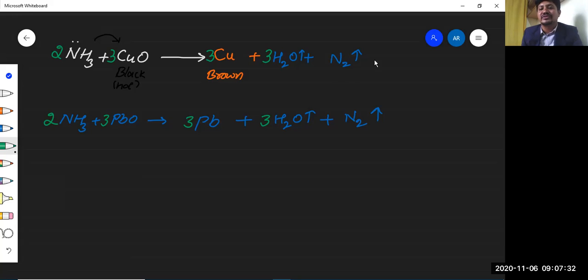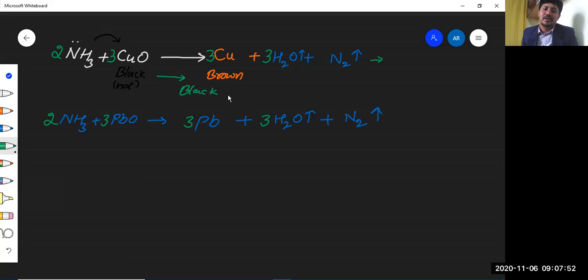So, and observations. What is your observation? Look here. What happens to the copper oxide basically? Very simple. The black copper oxide reduces to reddish brown copper metal.